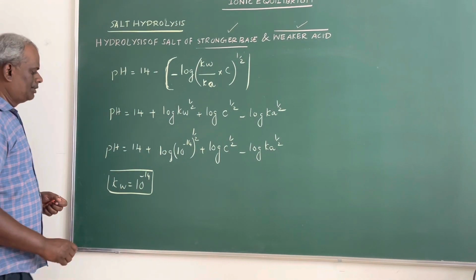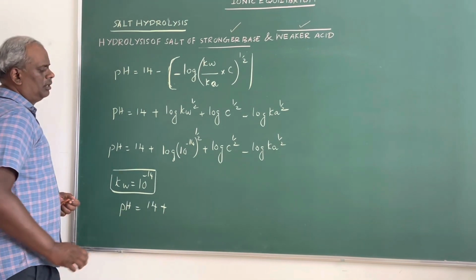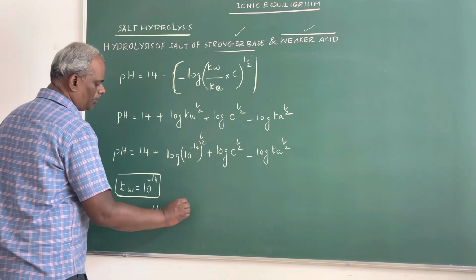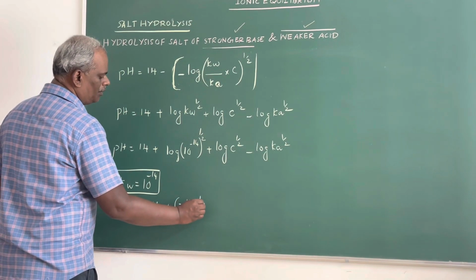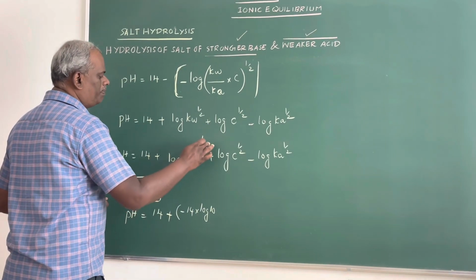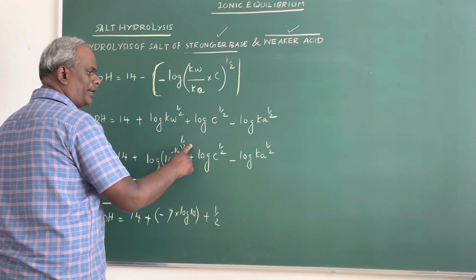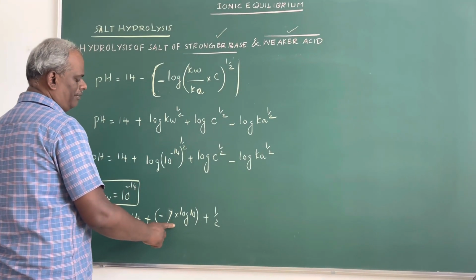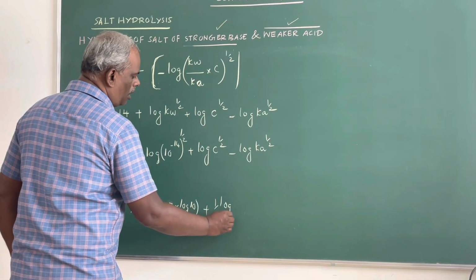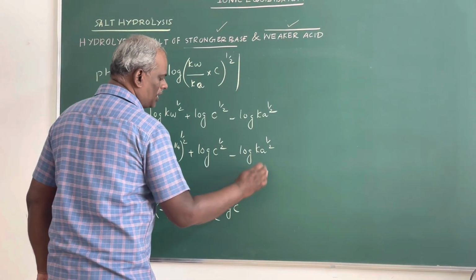Then what happens? It becomes pH equal to 14 plus log of 10 power minus 14, written as follows: minus 14 into log of 10, and minus 14 power half becomes minus 7. Minus 7 into log 10 plus half log C and minus log of Ka.